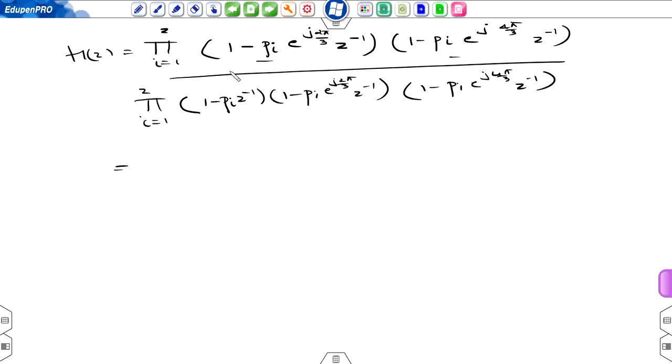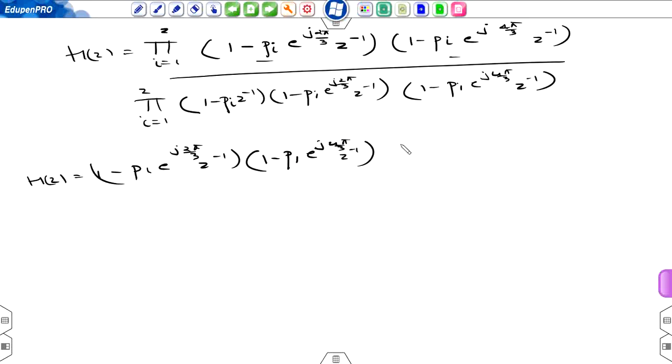Now expanding it with respect to i, this will become 1 minus p1, putting i equal to 1, e raised to power j 2 pi by 3 z^-1, 1 minus p1 e raised to power j 4 pi by 3 z inverse.